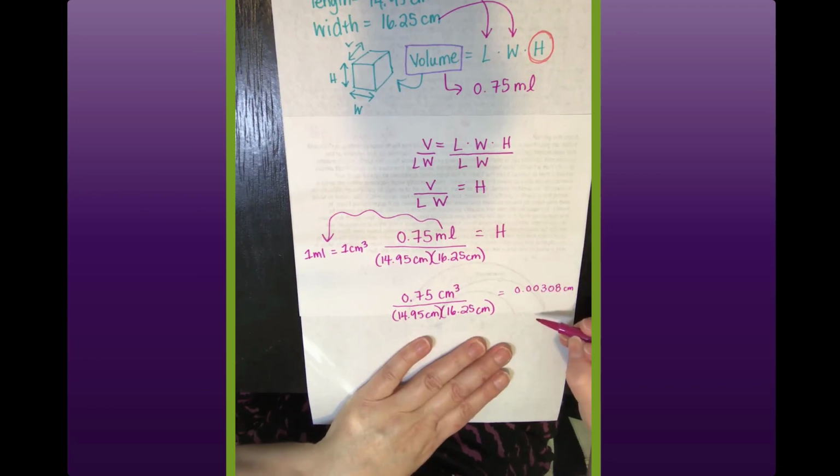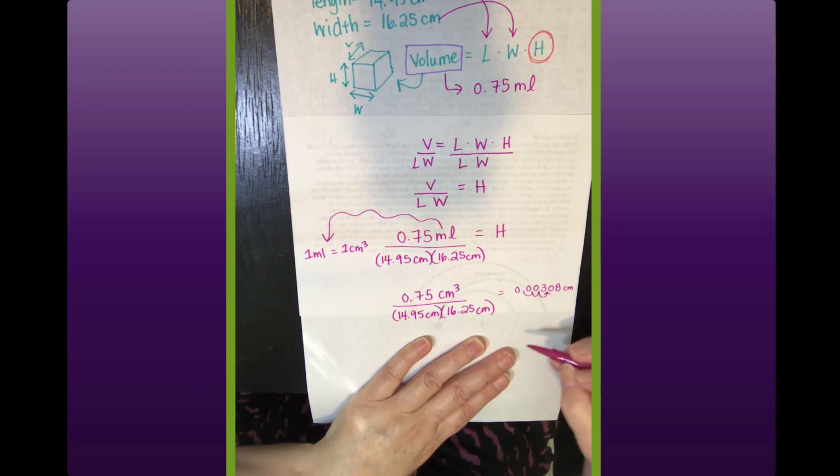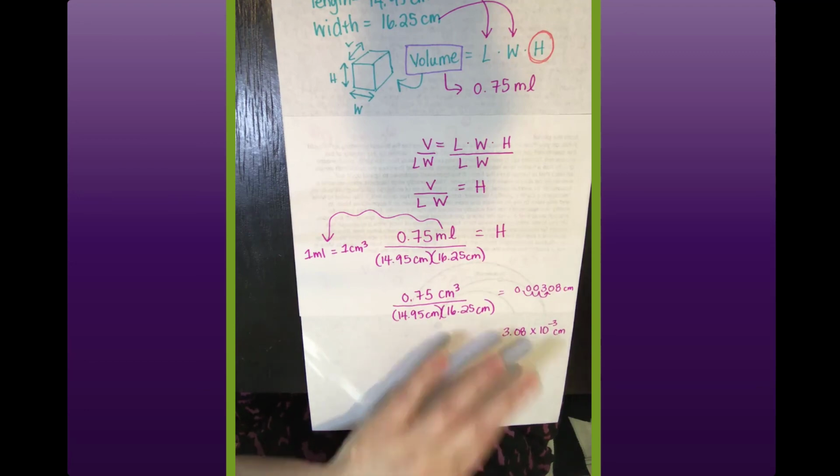So to write this in scientific notation, 1, 2, 3, so 3.08 times 10 to the negative 3 centimeters.